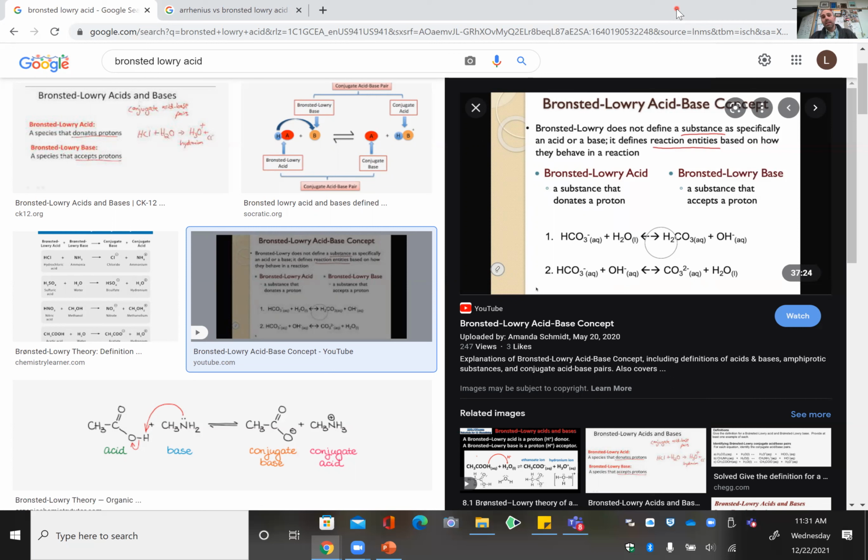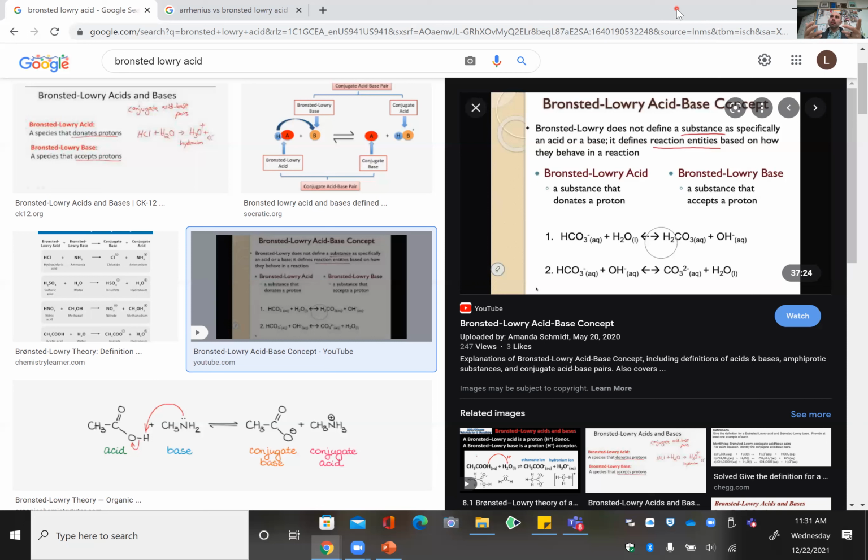And for that, take a look right down here on the little PowerPoint slide. We see that a Bronsted-Lowry acid is something that donates a proton. A Bronsted-Lowry base is something that accepts the proton. And this kind of makes sense. You can think to yourself, how am I going to remember that a proton is donated, it's an acid, a proton is accepted, it's a base?